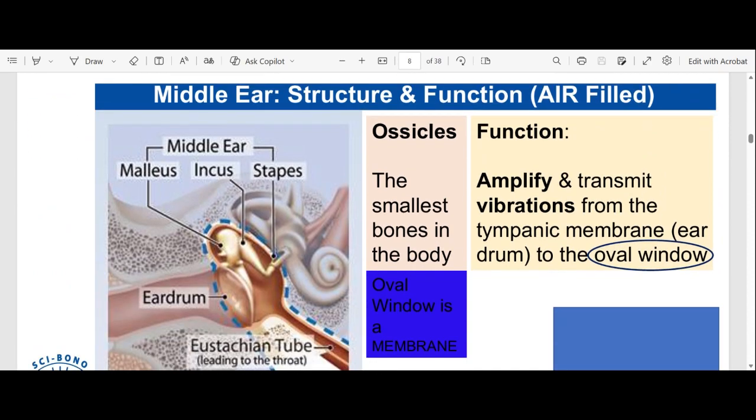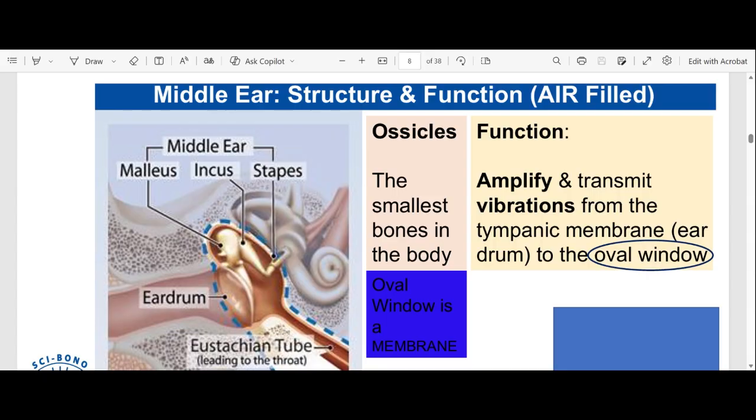Okay, now let's go to the middle ear structure and its function. So we said we have our eardrum. Remember, our eardrum divides the outer ear and the middle ear. So this is the eardrum. What's the function of the eardrum? It transmits sound waves or sound vibrations towards the middle ear, right?